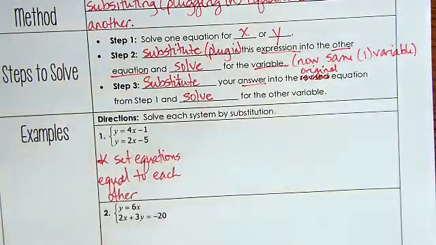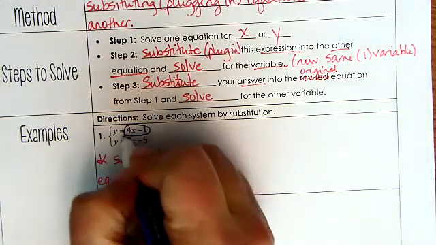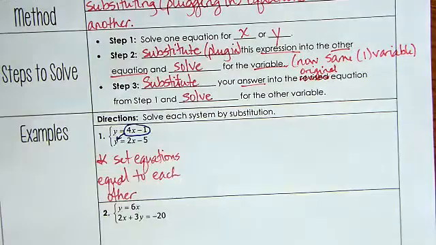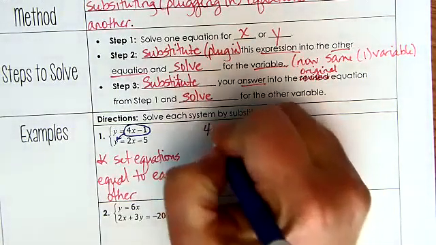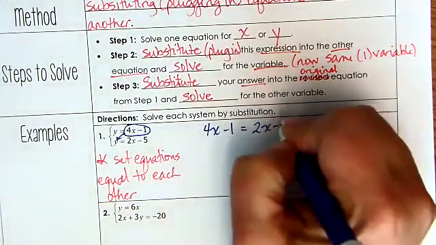What I mean by that is I'm going to take this 4x minus 1 and plug it in where that y is. So I'm going to have 4x minus 1 equals 2x minus 5.